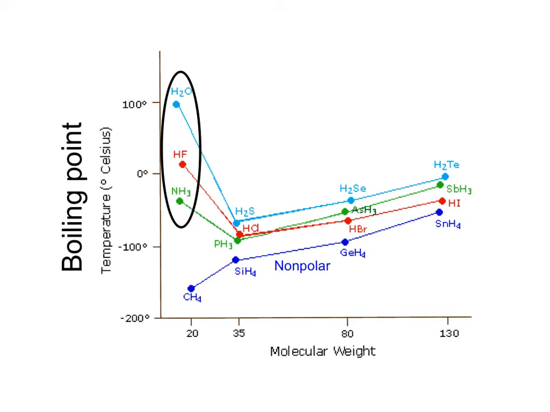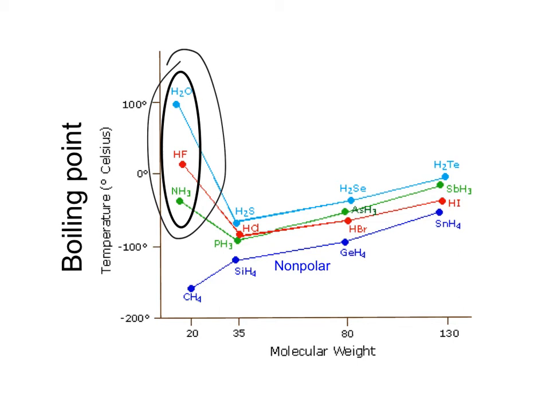As I start getting bigger, H2S, HCl, PH3, those are all polar, but they're not hydrogen bonded. So even though they have stronger forces than all my nonpolar molecules, dipole-dipole, they're not quite as strong as those 3 on the left, H2O, HF, and NH3. Those are my hydrogen bonding molecules.